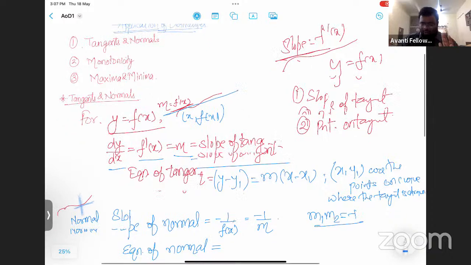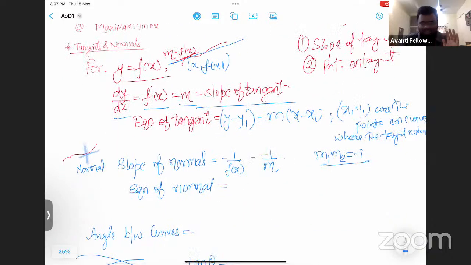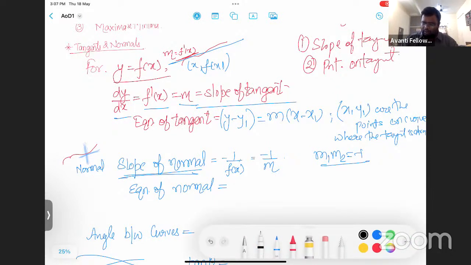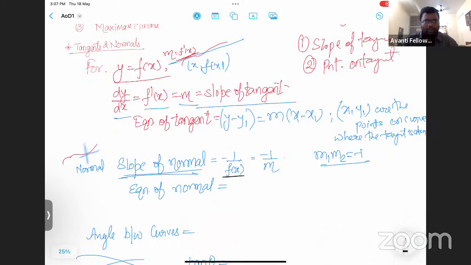And for the equation of normal, again, it's a straight line, so we need to find two things: the slope and the point. The slope of the normal is minus 1 by f dash x, which is minus 1 by m.